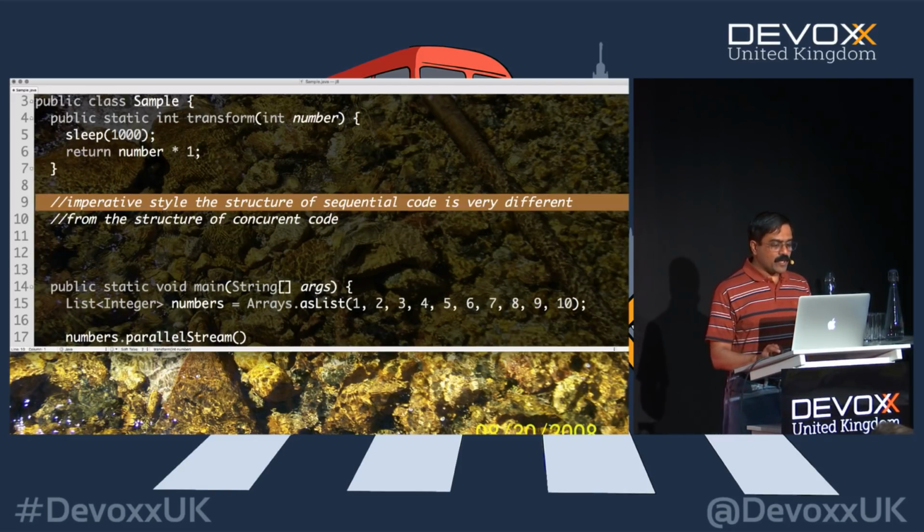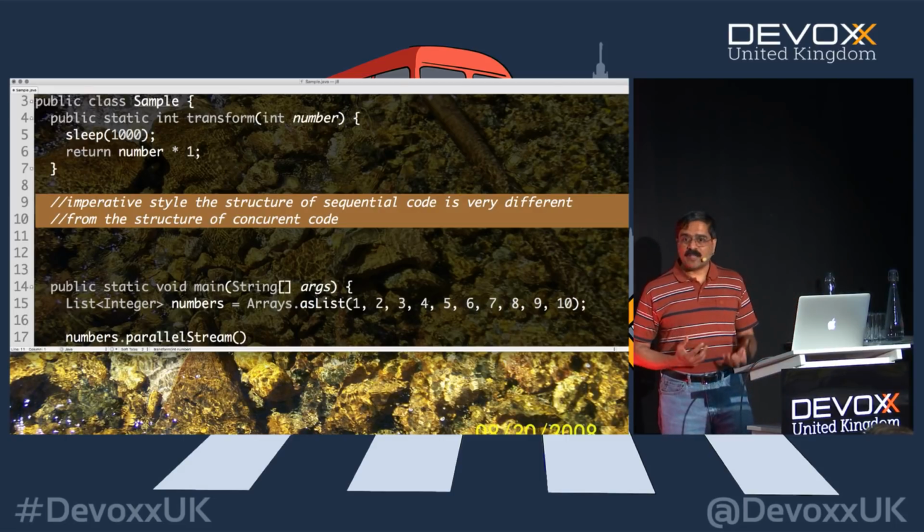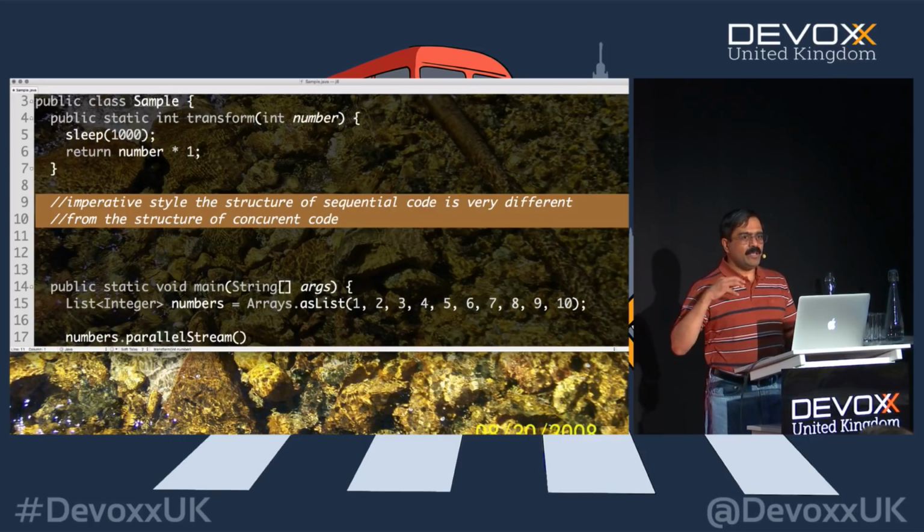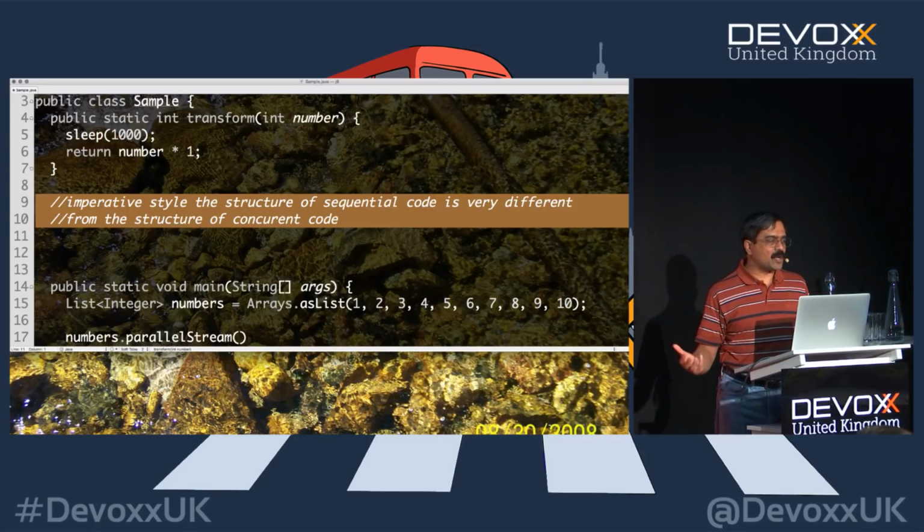The structure of code is so different between concurrent and sequential programming that if you put in the effort to write the code, debug it, and verify it, the minute you throw concurrency into it, your clock resets. You have to start over again, because there's no guarantee that this code is going to do the same thing, since the code is so different from what we started with.